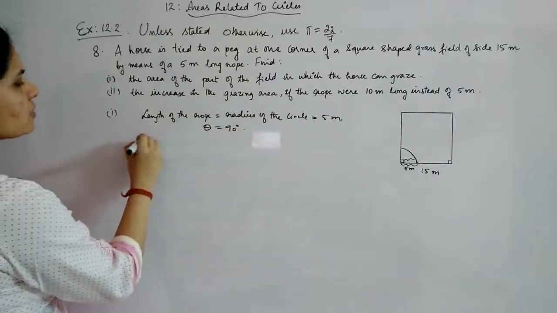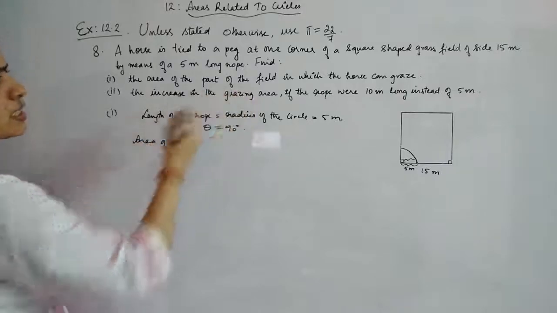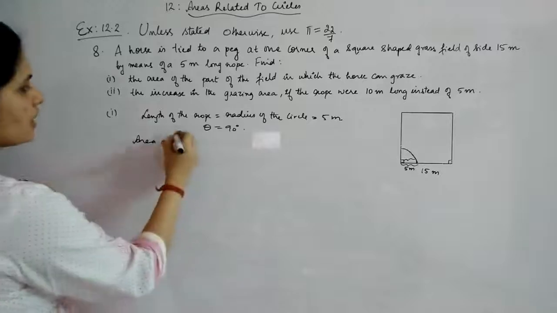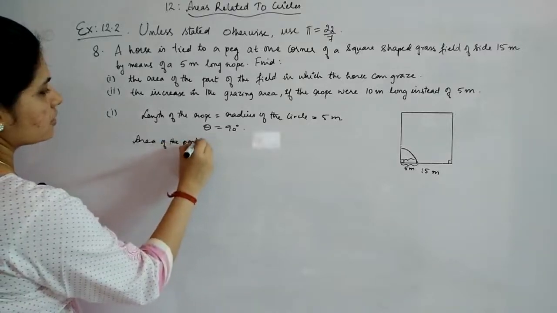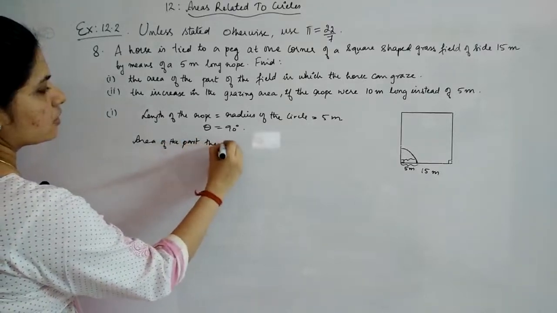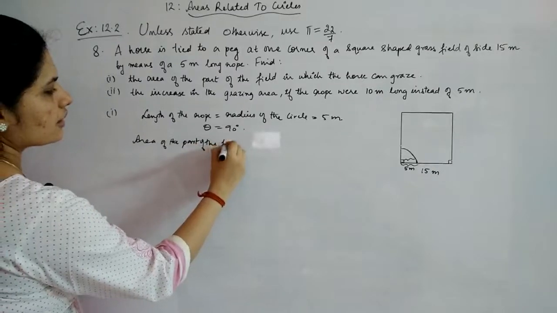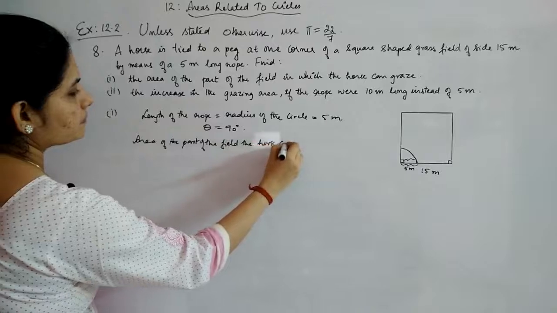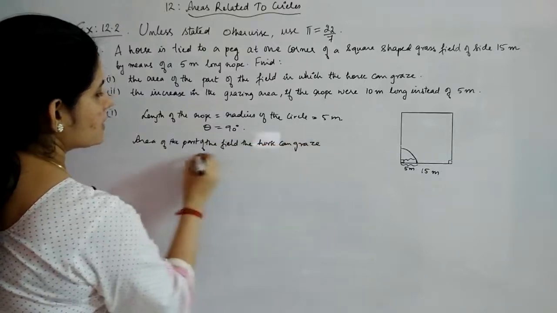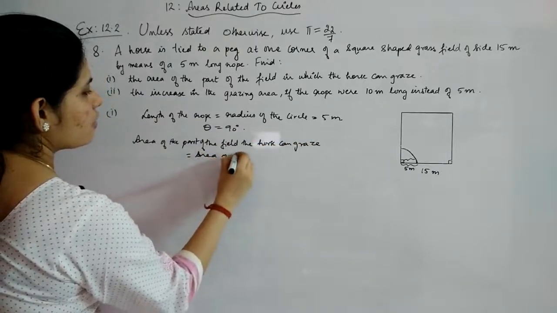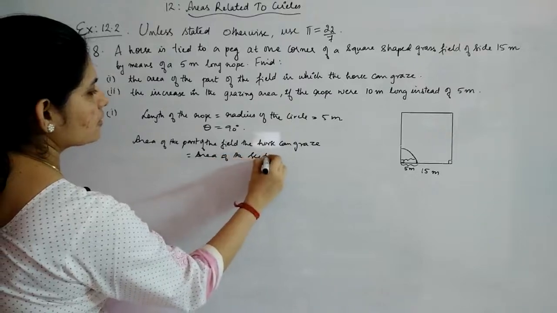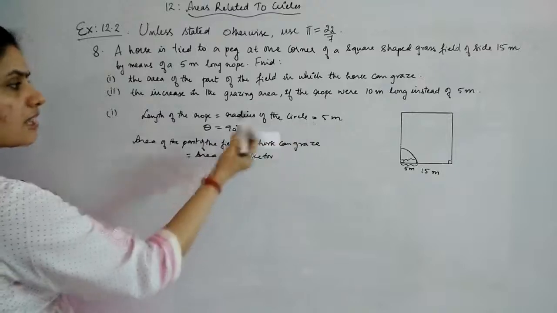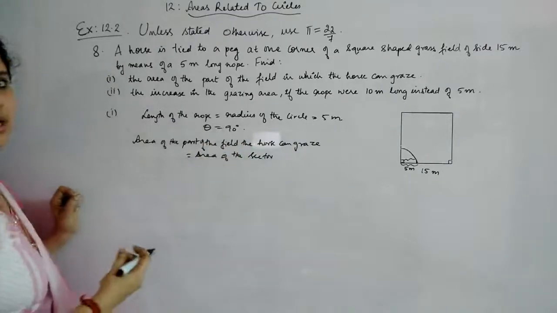Now you have to find out the area of the part of the field in which the horse can graze, that means the area of the sector, with radius r 5 meter and theta 90 degree.